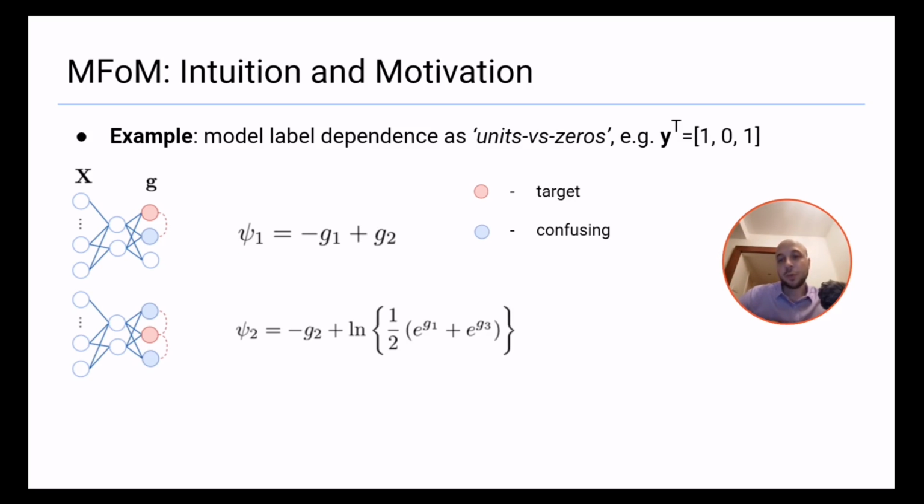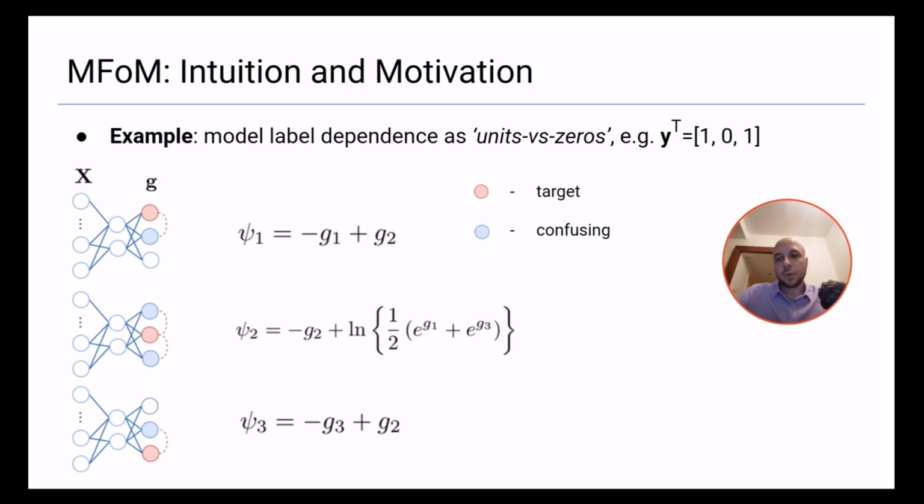For the next output, G2, which is labeled with 0, we have confusing classes, which are G1 and G3 in this case, because those are labeled with units. That's why the new output score, psi2, is a difference between target G2 and the geometrical average of classes G1 and G3.